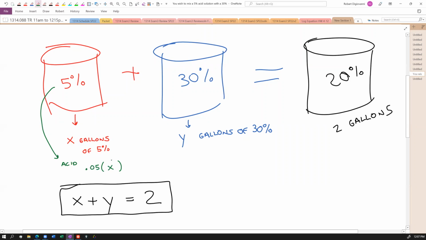That's how much acid is going to be contributed by that one when we pour it in. Now, what about the other one, the 30% one? How much acid is going to come from this one?